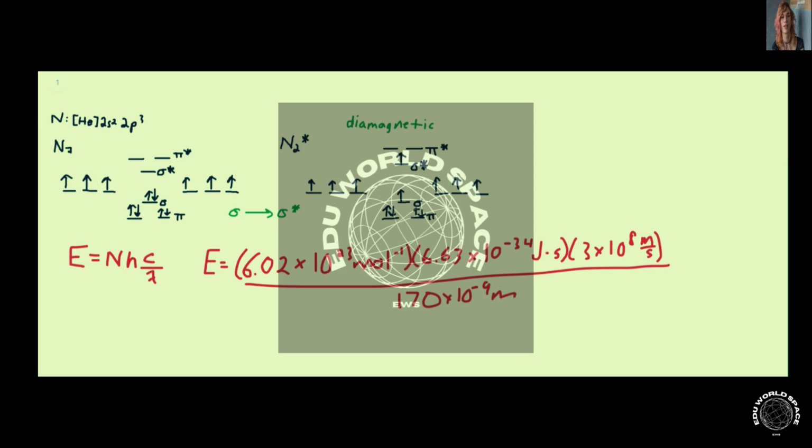And I'm just going to convert this to kilojoules right off the bat, times 1 kilojoule per 1,000 joules.